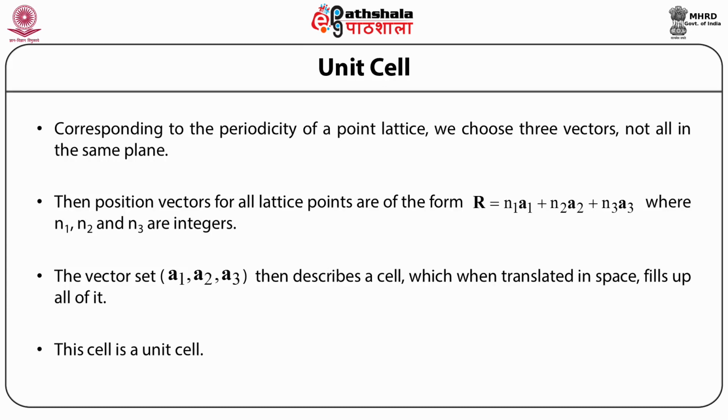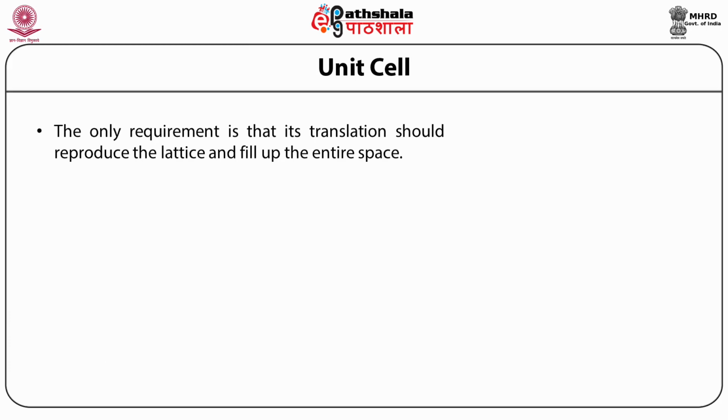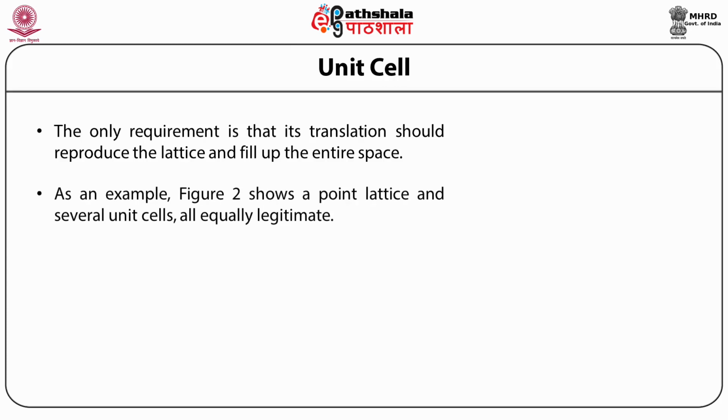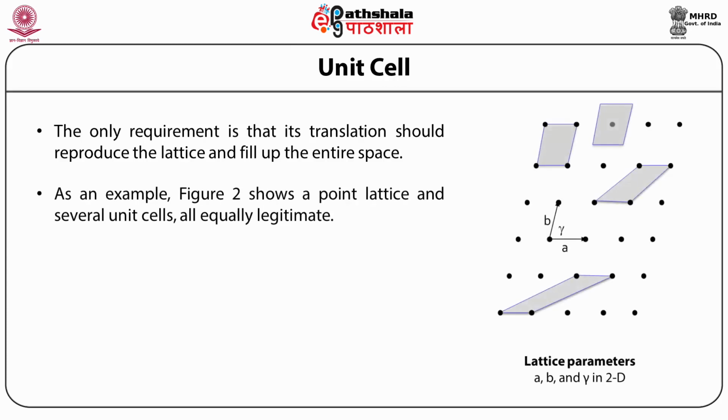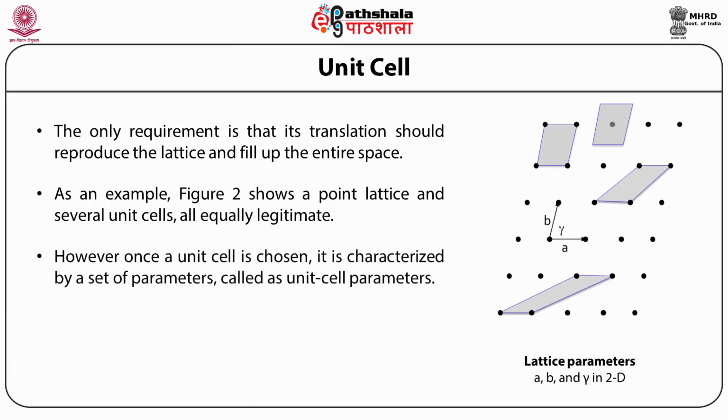There is no unique choice of a unit cell. The only requirement is that its translation should reproduce the lattice and fill up the entire space. For example, as evident from the figure, it shows a point lattice and there are several unit cells, all equally legitimate. However, once a unit cell is chosen, it is characterized by a set of parameters called unit cell parameters.